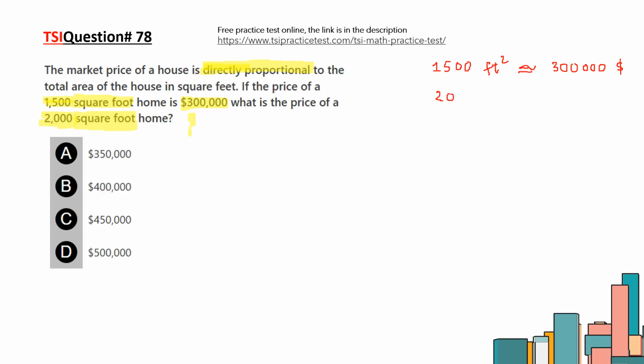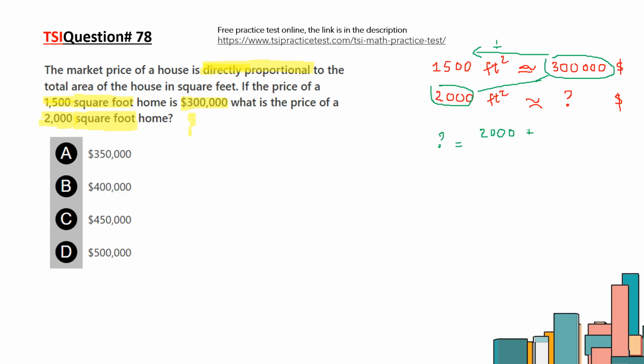Now 2,000 square feet will be how much? So cross multiply, divide by the rest. That's what we learned. We cross multiply, then we divide by the rest, and we will have the answer.